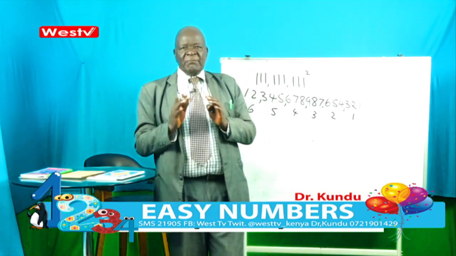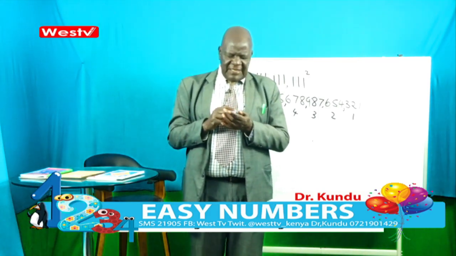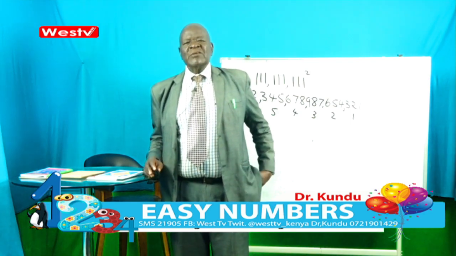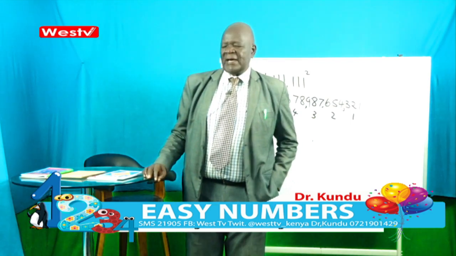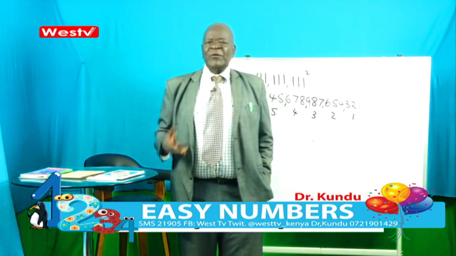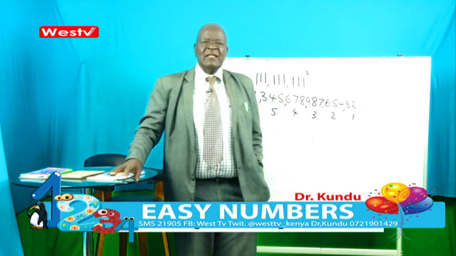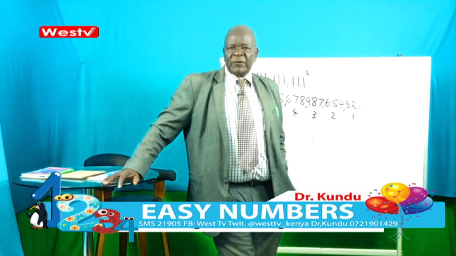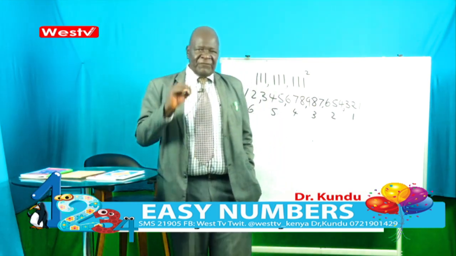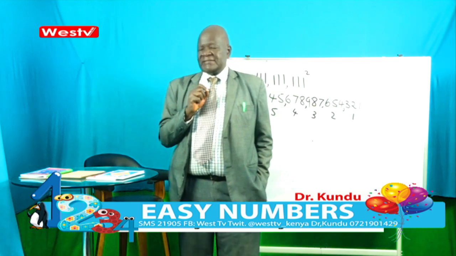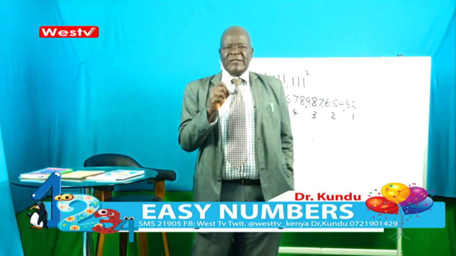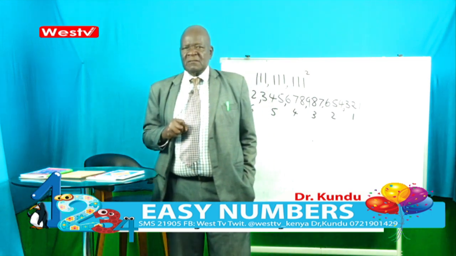And why must you be a master of numbers? The answer is so simple. Wherever you go in this world, you will be doing mathematics, whether you are a vegetable seller or a mandasi baker or an engineer, an architect, or a lawyer, or a doctor. Anything that you will be faced with, you will be dealing with numbers. And you cannot deal with what you don't know.